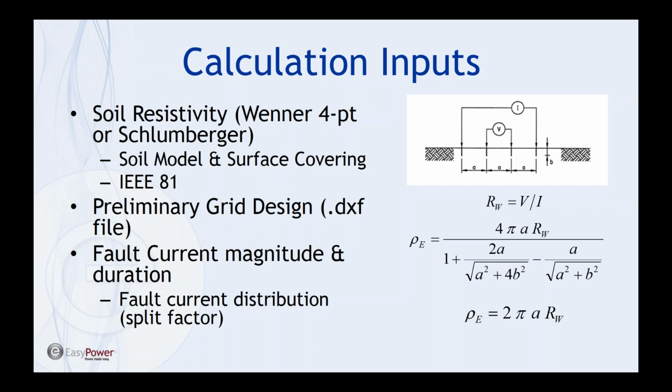Most software tools also come with a conductor sizing tool. IEEE and IEC both have standard conductor sizing equations which can be applied, and the output of that equation is generally the cross-sectional area of the conductors required for your design. 4-aught copper is generally the most common grid conductor size. 2-aught is also used, and some larger ones are also used.